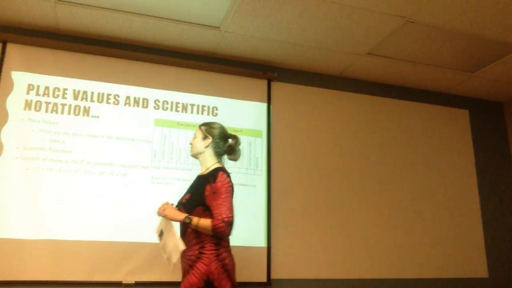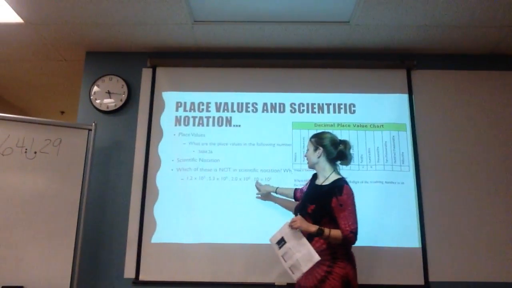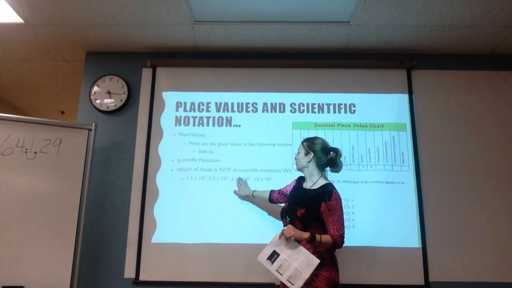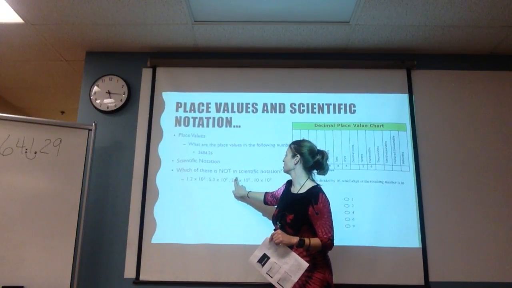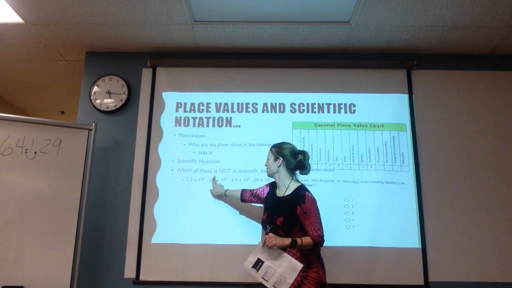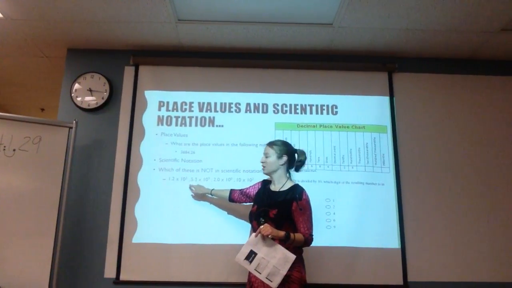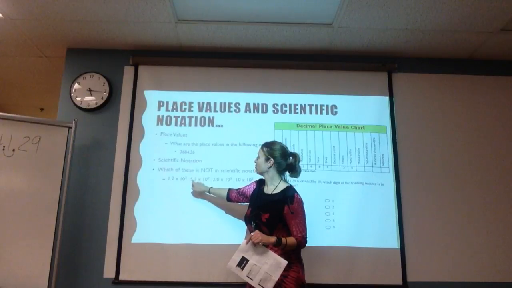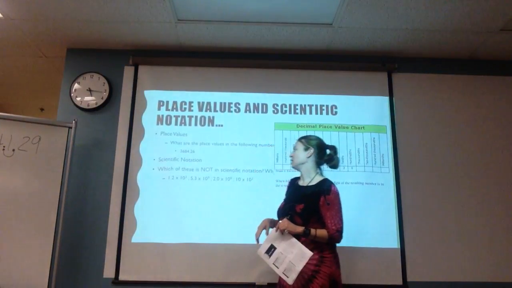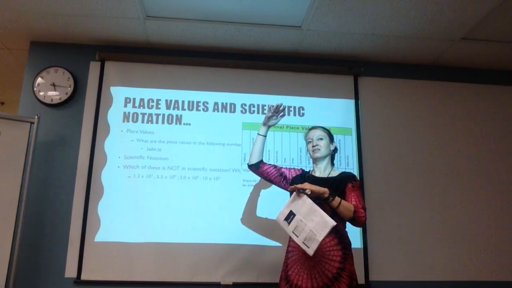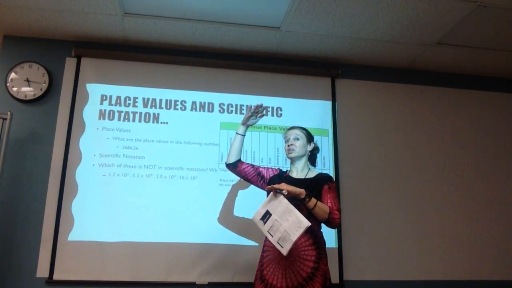Scientific notation does not need a decimal, but it cannot be a double-digit number in the front. It could just be 2 times 10 to the 0. It could be 5 times 10 to the ninth. It cannot be 53. This first number, the number in front of the decimal, must be between 0 and 10, not including 0 and 10.